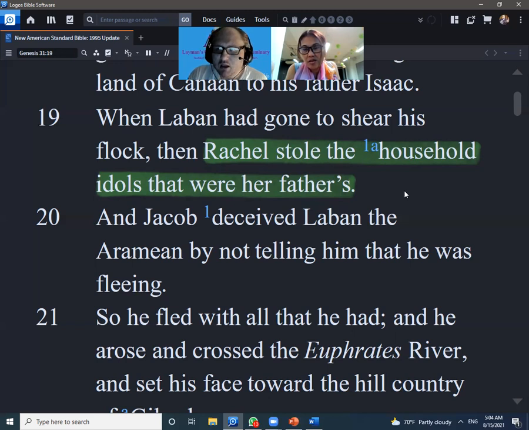And so you can understand Laban, because it seems like you come here with nothing, because the gift that the servant gave to Laban is from Isaac, right?